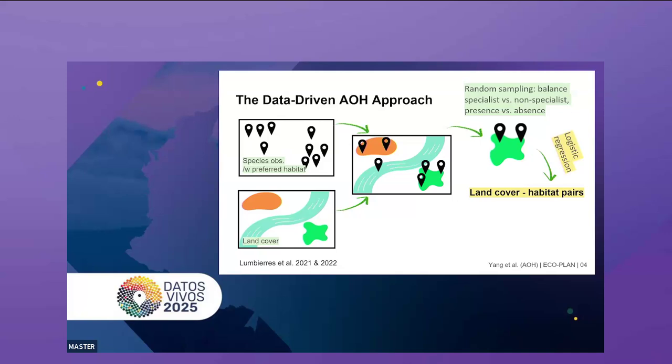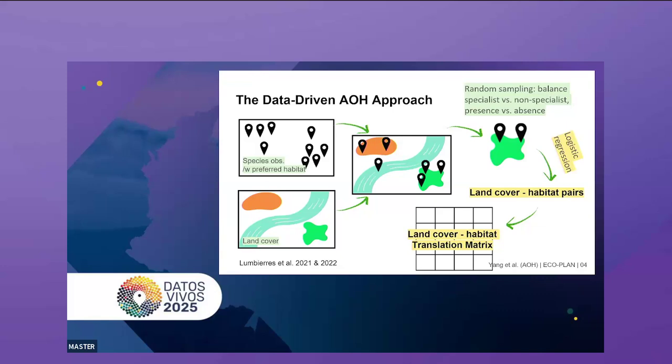After that, logistic regressions are performed for every single land cover type, and we compute odds ratios, which are numbers indicating the likelihood of a significant association between a particular habitat type and the land cover type that we're modeling. So we get those significant land cover and habitat pairs, and then we do the same for all land covers.